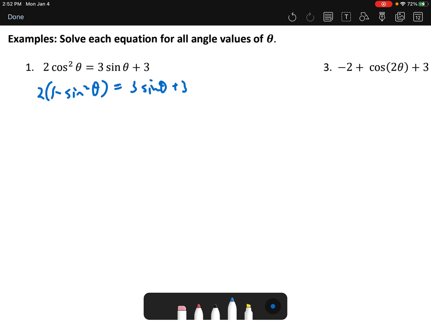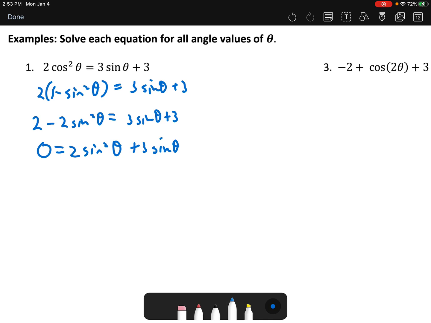So we're going to substitute. Now we have nothing but sines. So we're going to distribute the 2. And then we're going to get everything on the right side. And the reason is that makes that negative 2 sine squared positive. And then 3 minus 2 is 1.